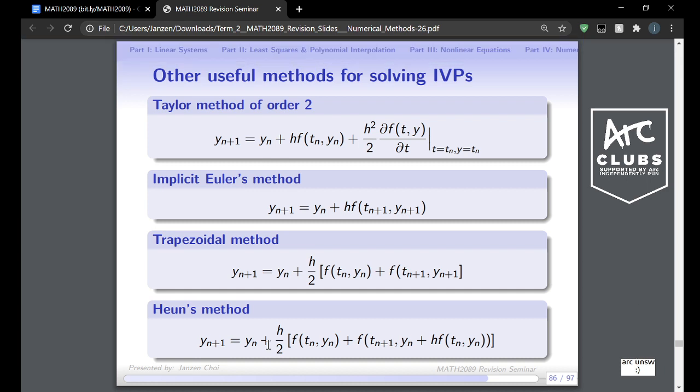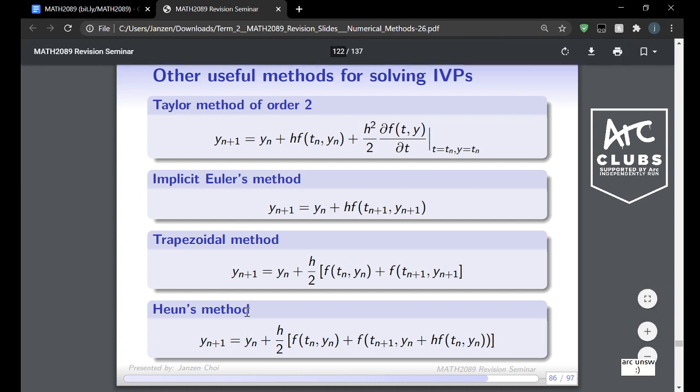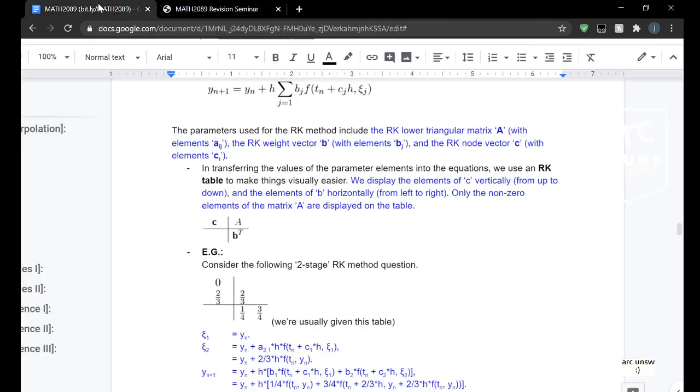Individually, the explicit and implicit Euler methods approximate the integral using rectangles, but by averaging them, Heun's method approximates the integral using trapeziums, similar to the trapezoidal method, sort of.